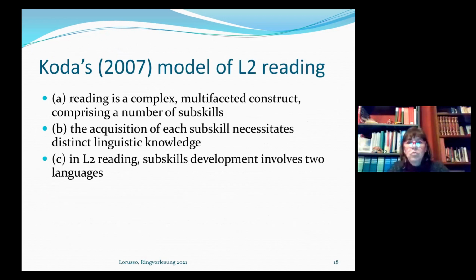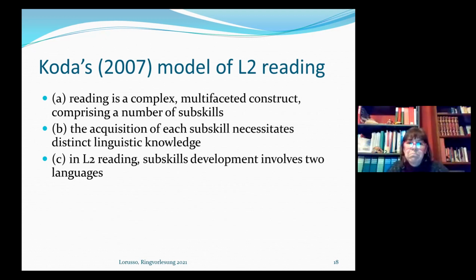Turning to reading, we have the CODA model, which describes the interactions and also the interference that the two languages can have when learning to read a second language.